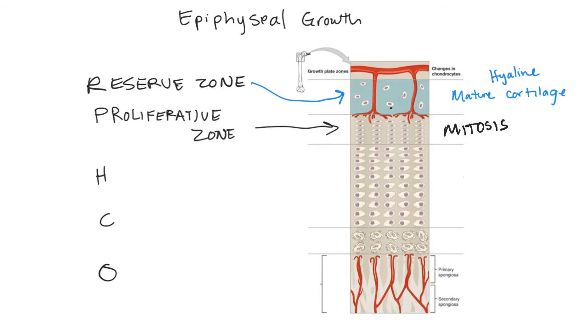So these cells, drawing from there as it grows, will go through mitosis. They're chondrocytes. So these are cartilaginous cells. This is all occurring at the epiphyseal line. Okay, and then we have a period of hypertrophy where they are enlarging.